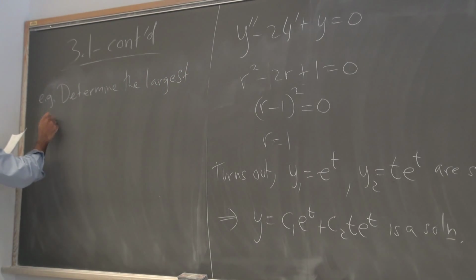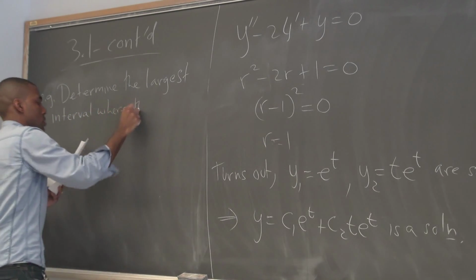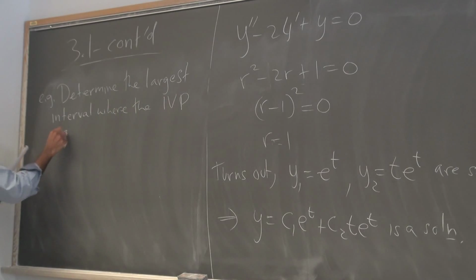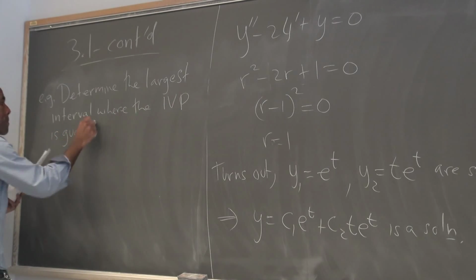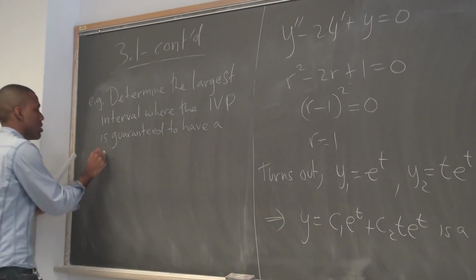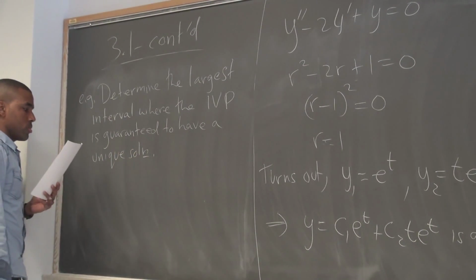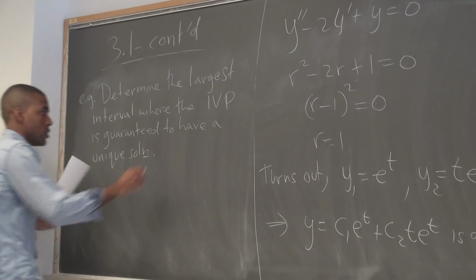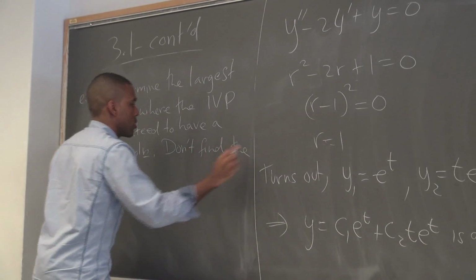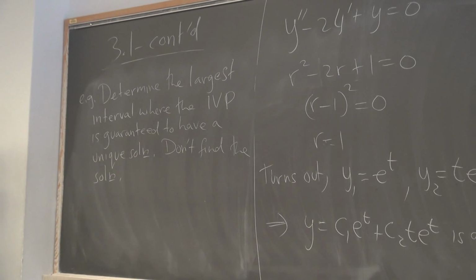Determine the largest interval where the initial value problem is guaranteed to have a unique solution? You don't have to find the solution, just tell me where I'd be able to find it.